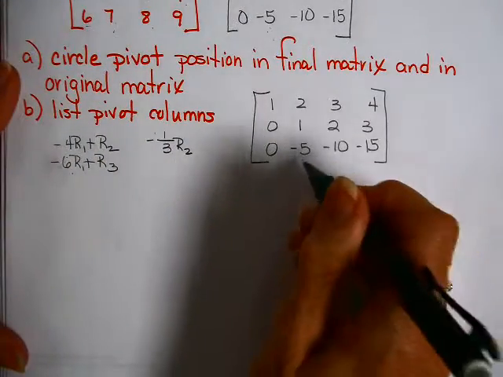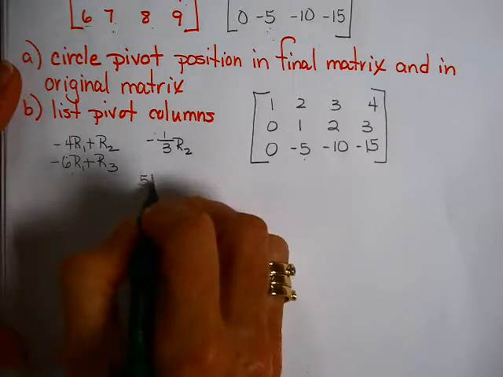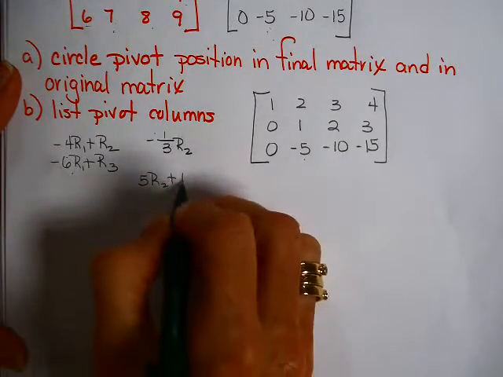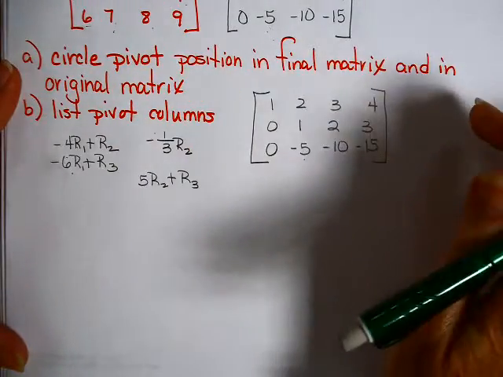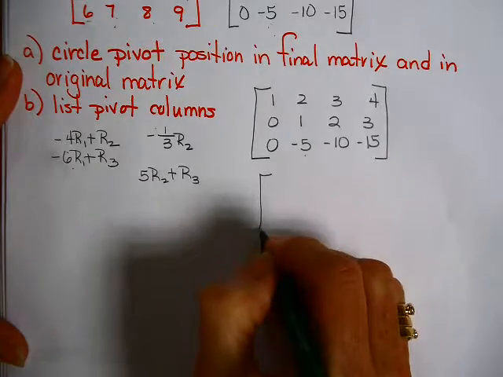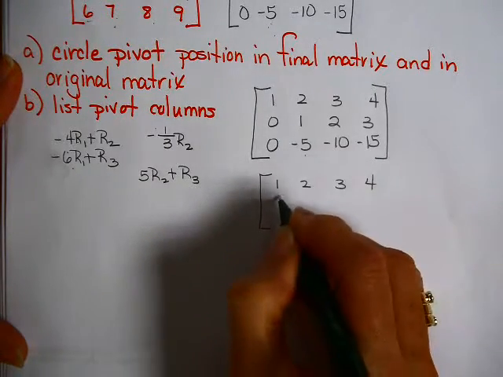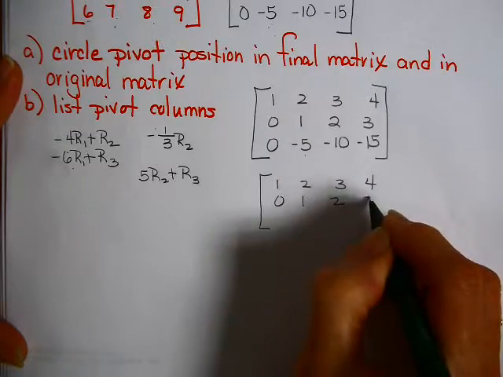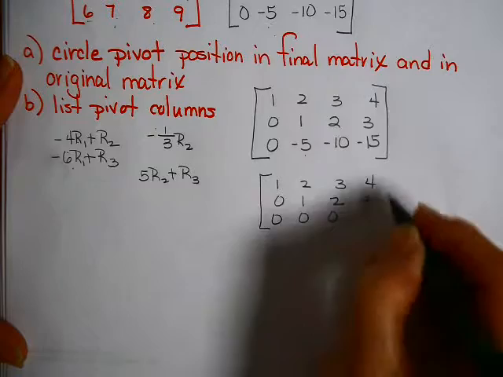And then what I have to do is try to get a 0 right here. So I would multiply 5 times row 2 and add it to row 3. You ignore row 1, remember? You ignore that one. Does that get rid of your entire bottom line? Probably so, because that's going to be 0, 0, 0, 0.